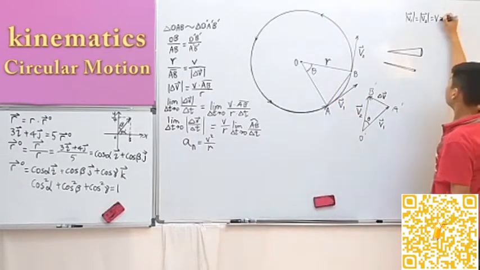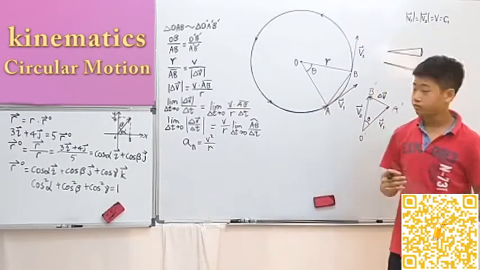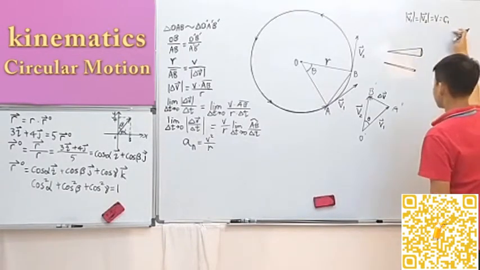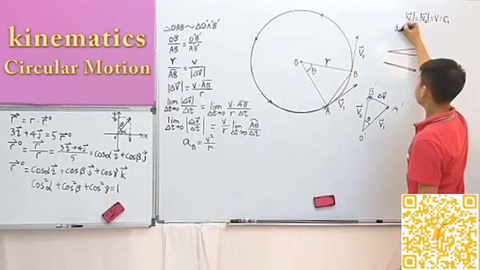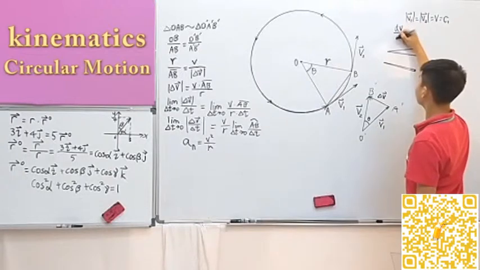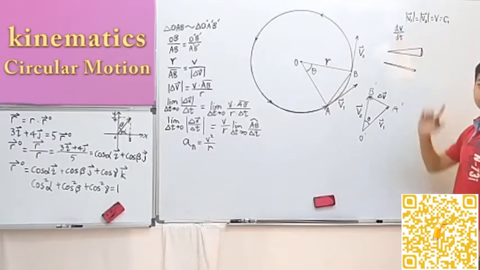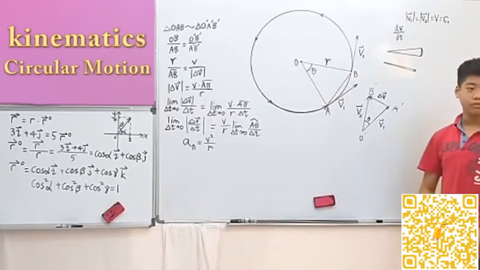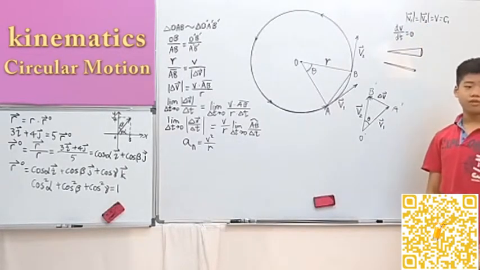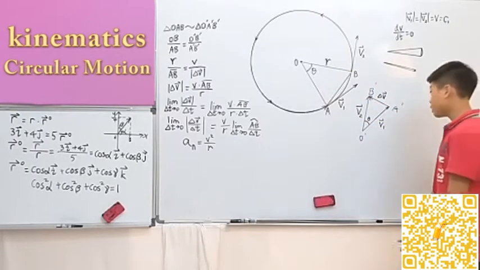So this is a V, and we'll just use it as a C. But let's put it as C1 first. So here's speed. Is there any acceleration here? You don't have acceleration since this is uniform speed.